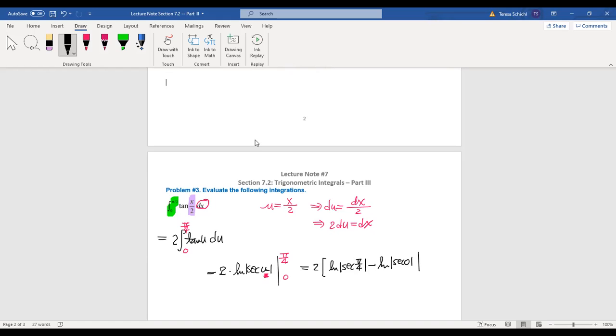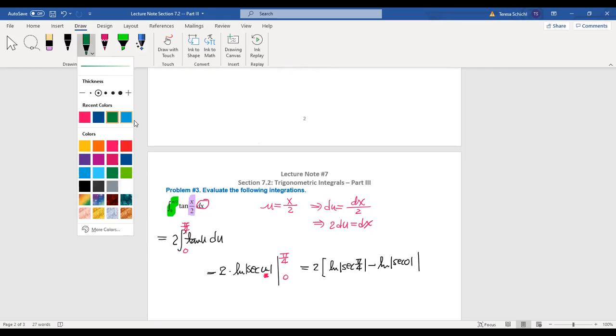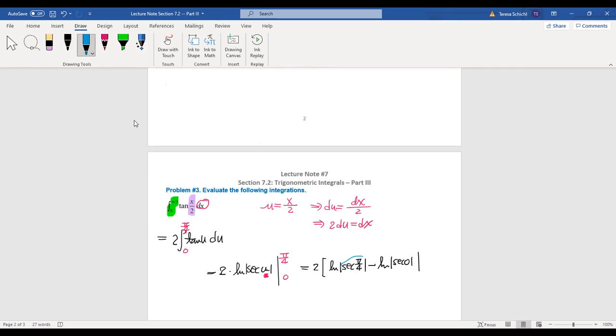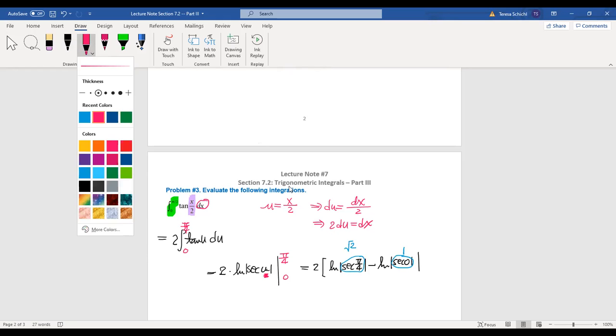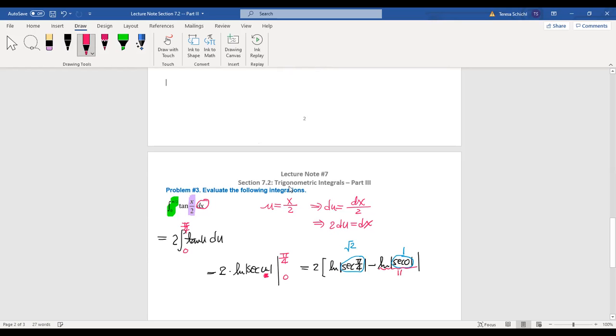Now the secant of pi over 4 is the square root of 2, and the secant of 0 is 1. If the secant of 0 is 1, then the natural log of 1 is equal to 0.